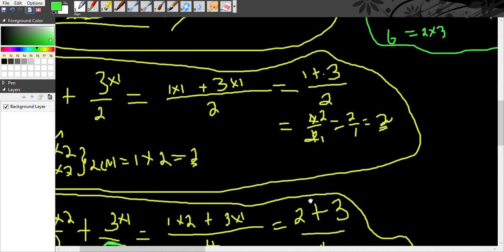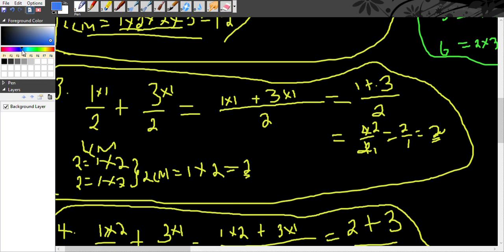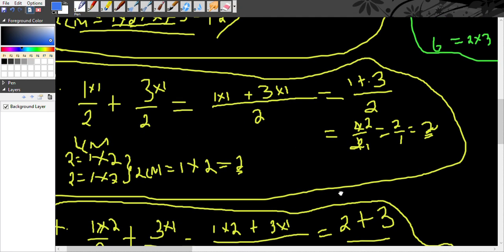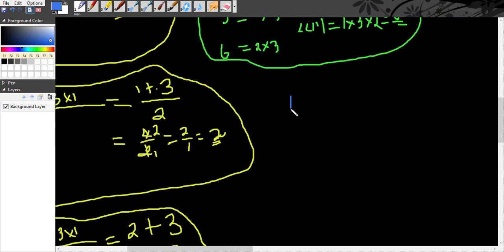For similar denominators, as we can see, what we did was the numerator remains the same. Let me just do it quickly here. 1 over 2 plus 3 over 2. So you can see the denominators are the same.